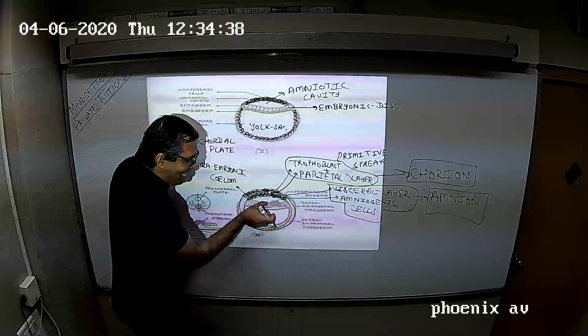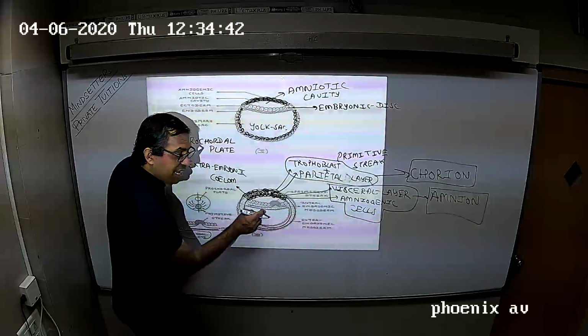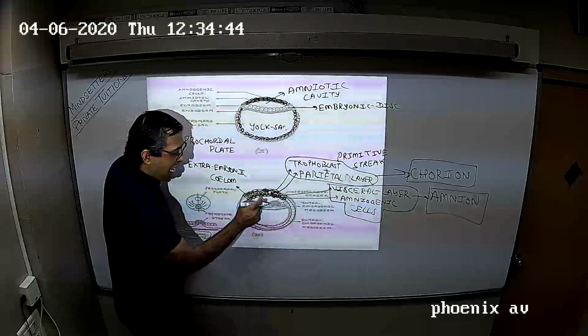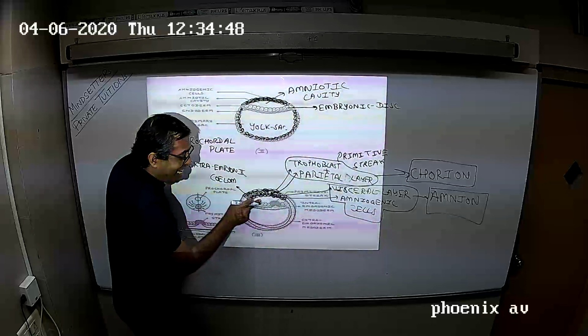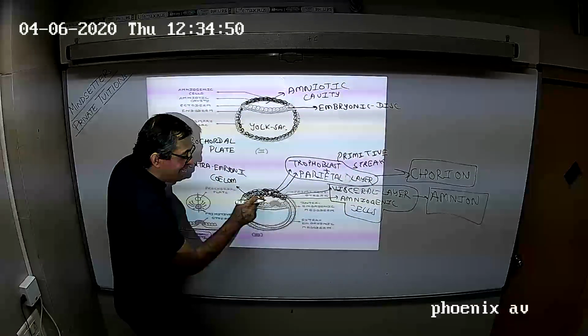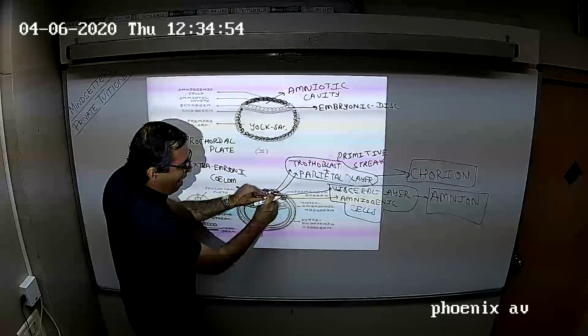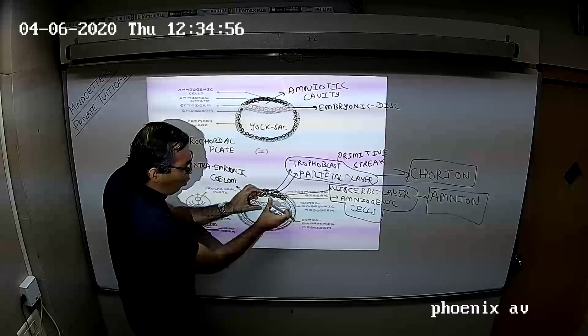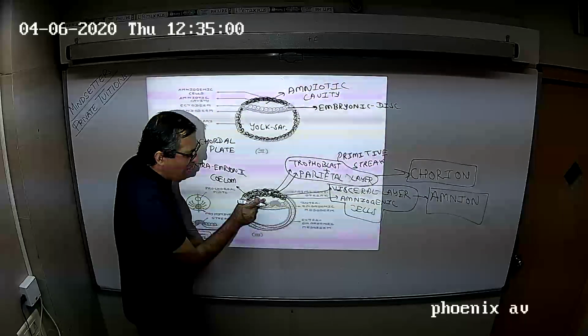If you remember, from these three layers, ectoderm, mesoderm, endoderm, what will form? The future baby. And what will the baby be surrounded by? Amniotic cavity, which is filled with amniotic fluid. So in the future the amniotic cavity will become wider and wider and will get filled with amniotic fluid.